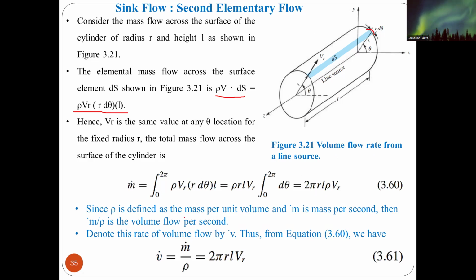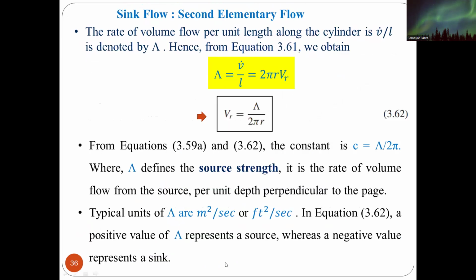The density is just mass over volume, so we can define the mass flux. The rate of volume flow is V dot equal to m dot over density, which gives 2 pi r L Vr.